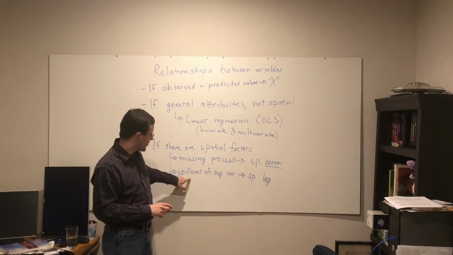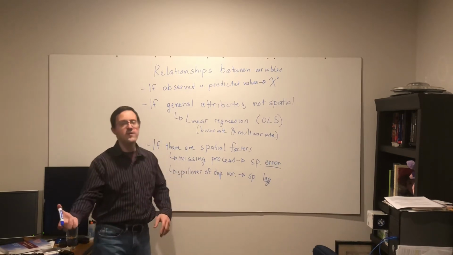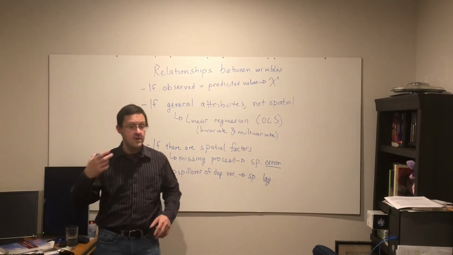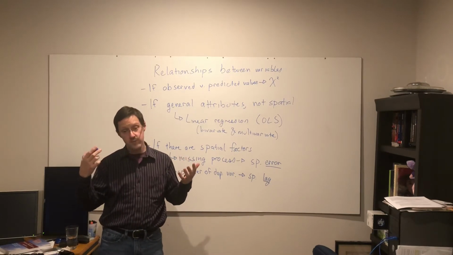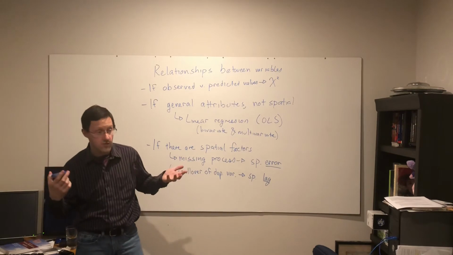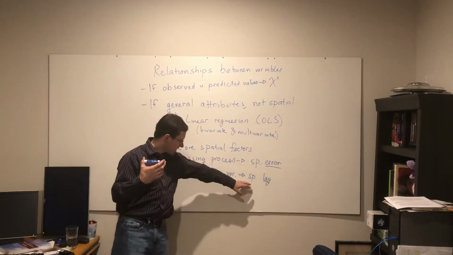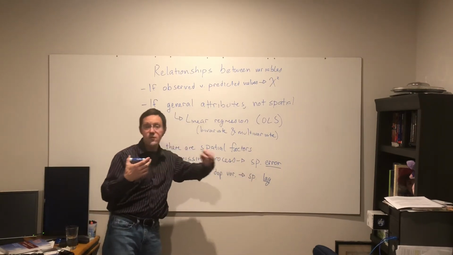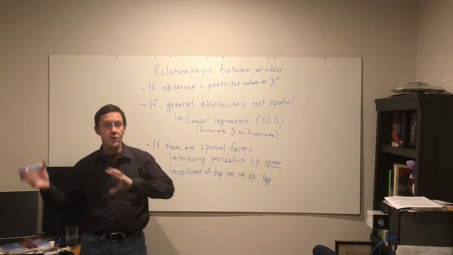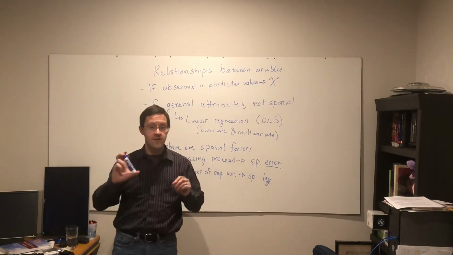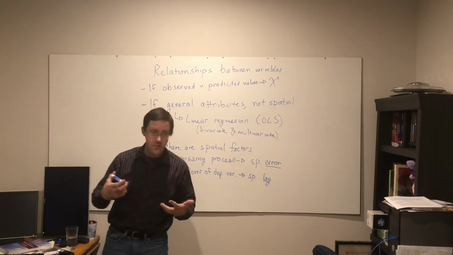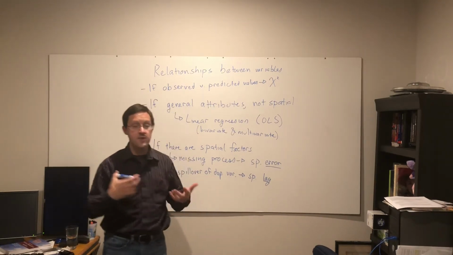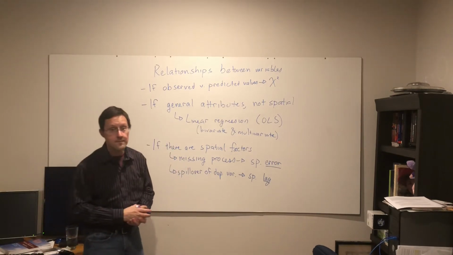If there is a spillover, so that the dependent variable itself automatically would display spatial autocorrelation, then there would be a spatial lag regression to directly incorporate and model the effect of the dependent variable in one county or observation on the dependent variable of its neighborhood.